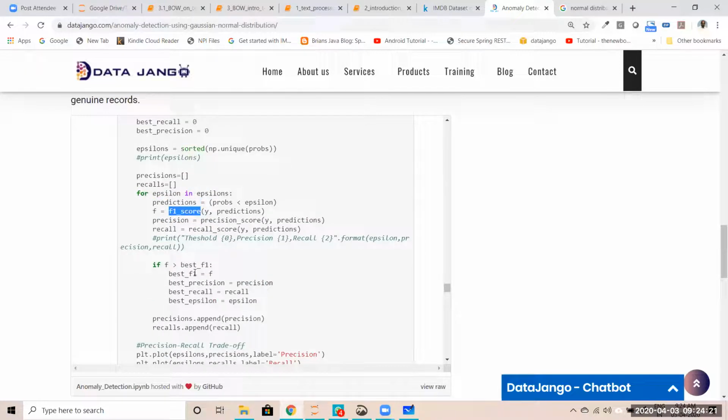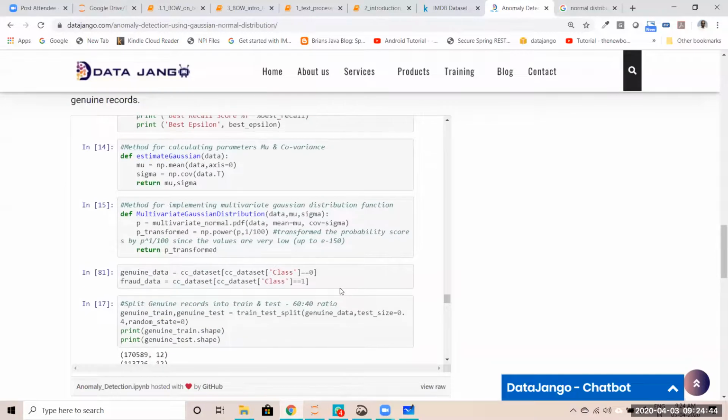If it is more, we take that new F1 as the best F1 and the new epsilon as the best epsilon. In the next iteration, we make predictions again, calculate the F1 score, and if it is greater, we keep that as the best one. After n number of iterations, you will find the best epsilon.